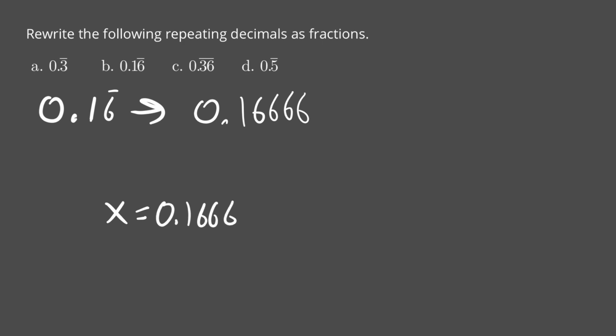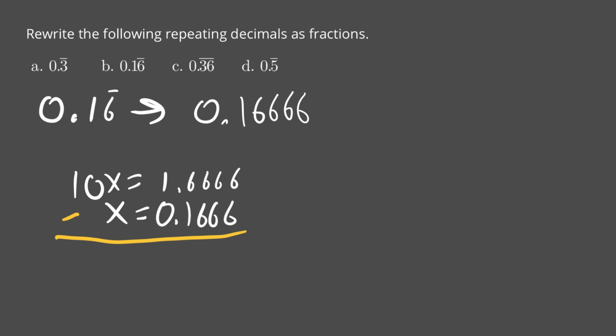We'll write it out to 4 places. And then we will find 10x equals 1.6666. We will simplify this by subtracting the top and the bottom, leaving us with the trailing 6's canceling.